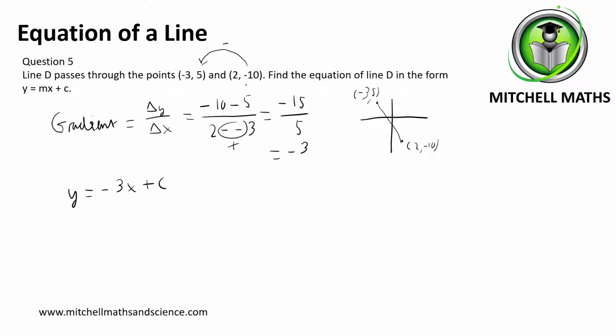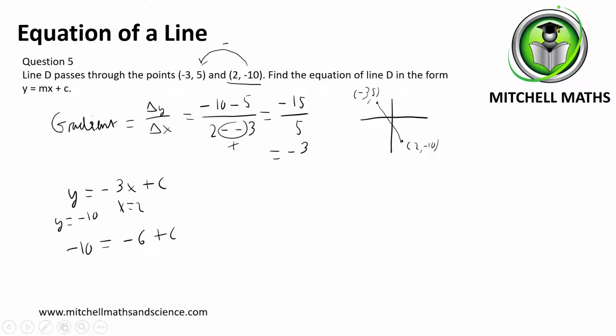I'm probably going to choose the second equation because it's got quite an easy x value. X is 2, y is equal to minus 10, but if you use the other coordinate, that's perfectly fine too. Right, so I've got minus 10 equals minus 6 plus c.